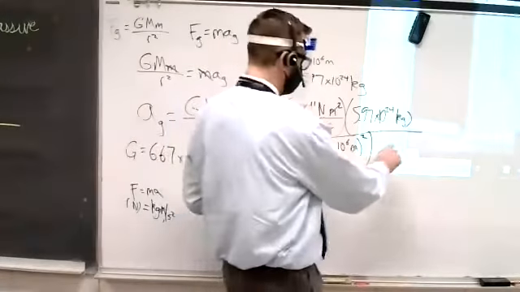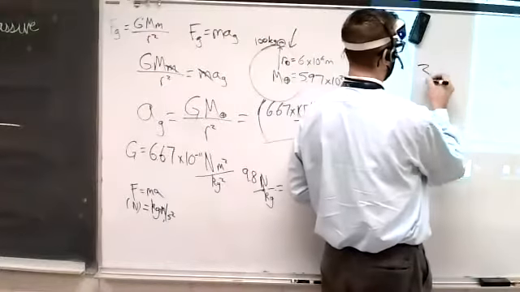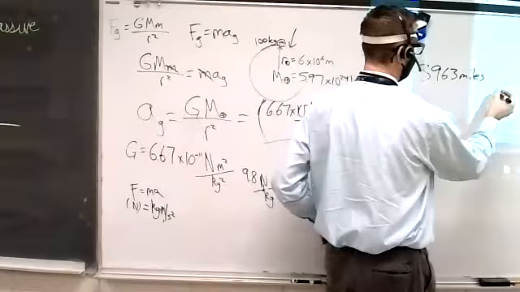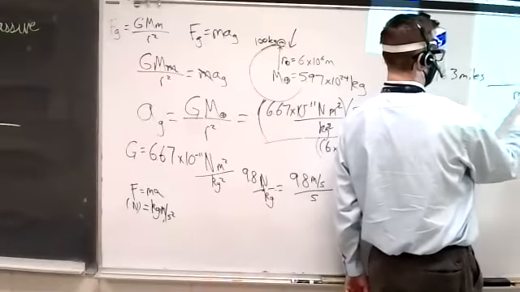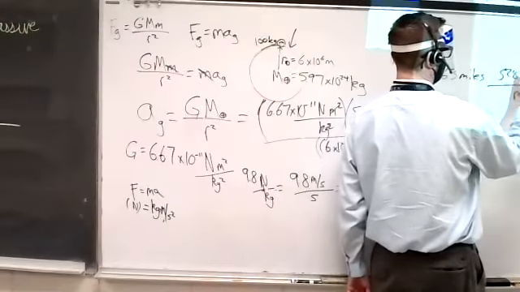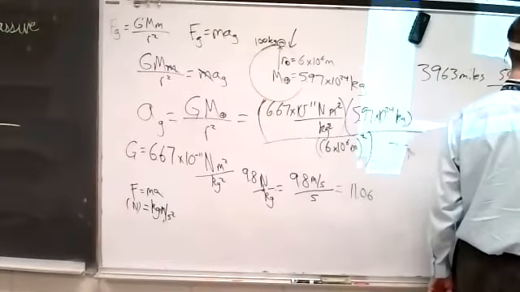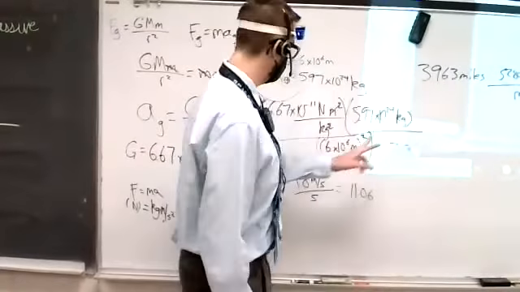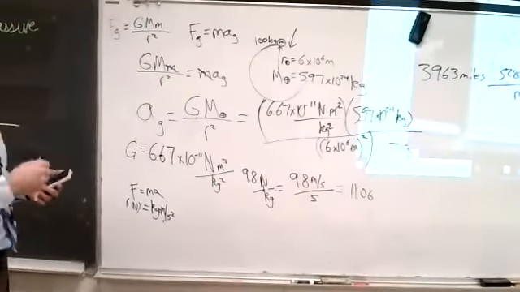Okay, so we have 3,963 miles. Okay. A mile is 5,280 feet and 3.28 feet per meter. So let's see how close it comes to that. And that will hopefully fix the problem.